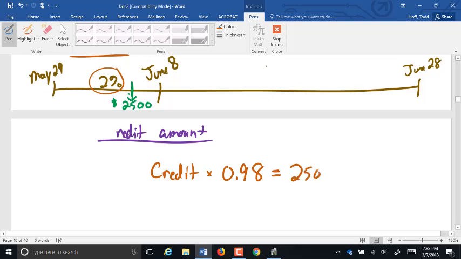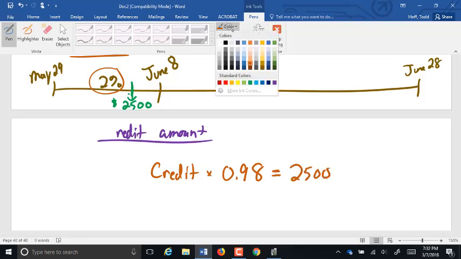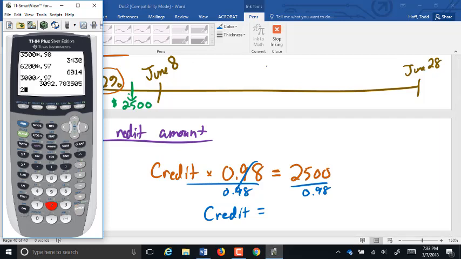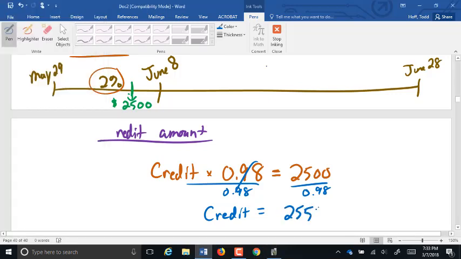And that equals the amount paid, which in this case is $2,500. We solve by dividing by 0.98. So we get the credit is, what is that, 25, 50, 51? No, 25, 51.02. The $2,551.02 is the credit.